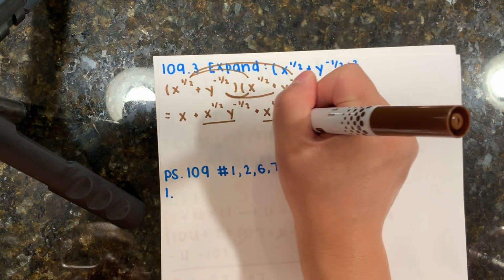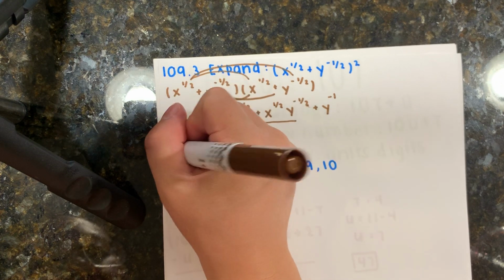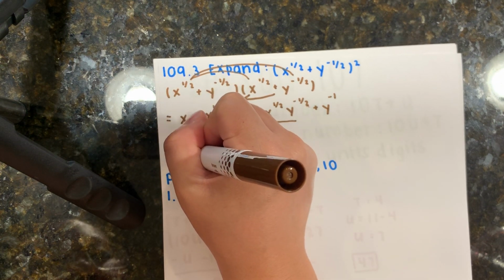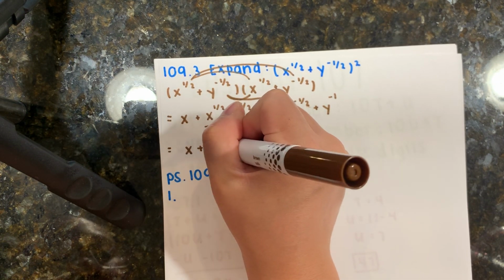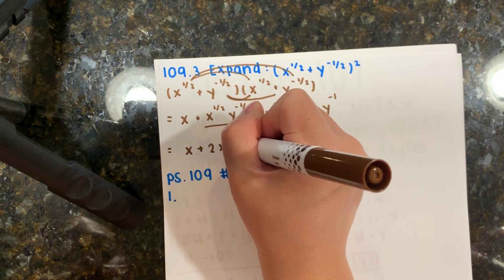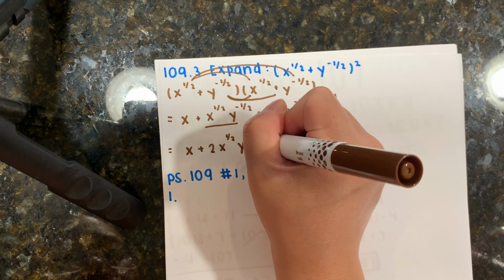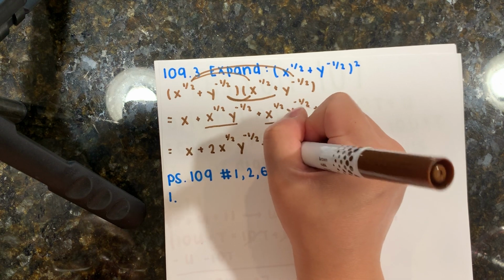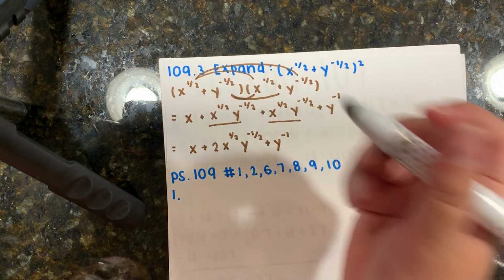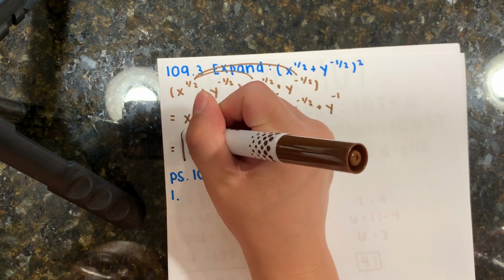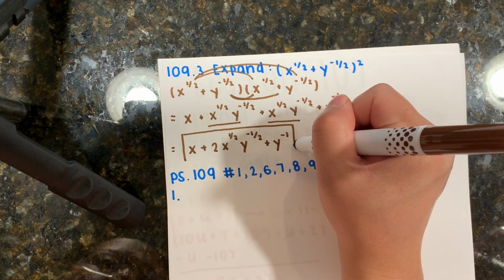Again, you should see that your middle terms are going to be the same, so you can add those together. So I end up with x plus 2x to the 1/2, y to the negative 1/2, plus y to the negative 1. So remember, a negative half plus a negative half equals a negative 1.